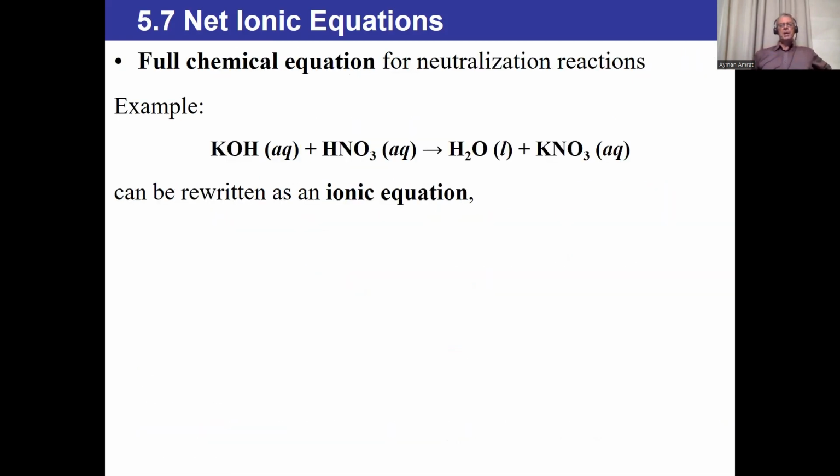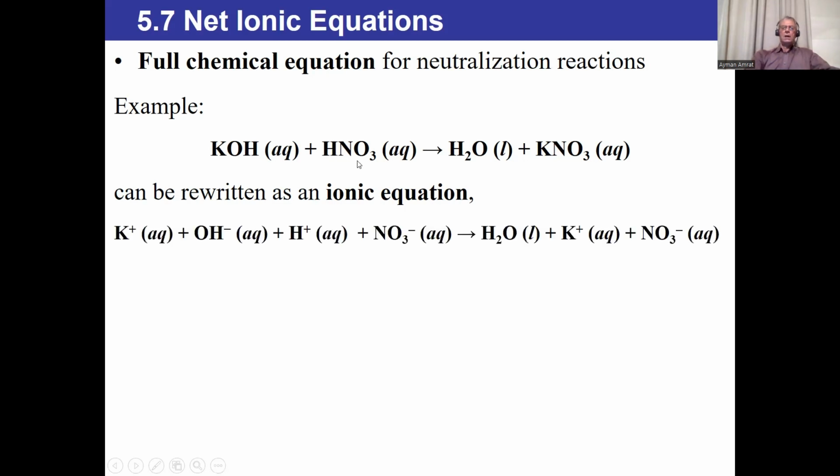For example, applying these general statements to a neutralization reaction: KOH with HNO3 produces water and KNO3 salt, which can be written as an ionic equation. KOH in aqueous solution ionizes as K+ and OH-. HNO3 ionizes to H+ and NO3-.